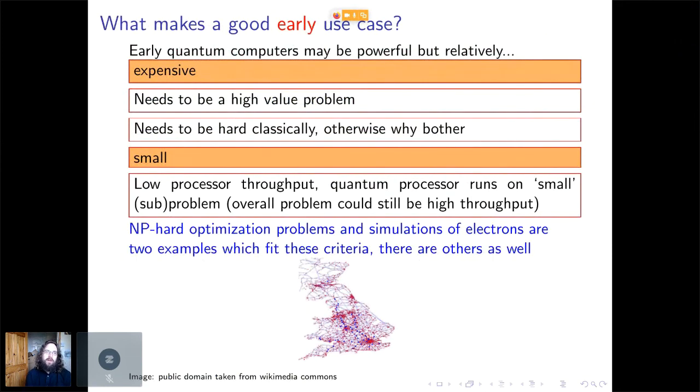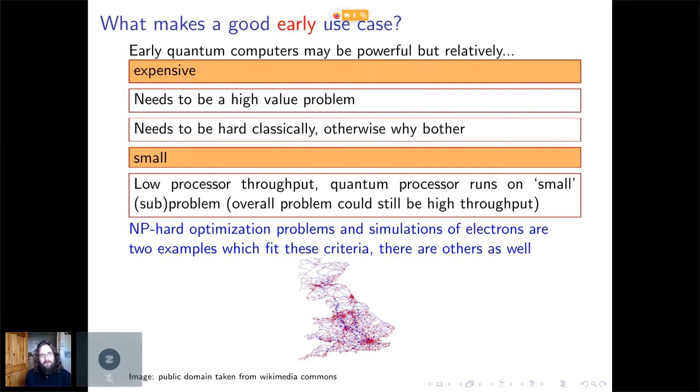So if you think about what makes a good early use case, and by early, I mean on NISQ type machines, early quantum computers may be very powerful, but the thing to remember is they'll be relatively expensive. So you want high value problems, and they need to be hard classically. Otherwise, why bother? Because otherwise you'll just use a classical technique.